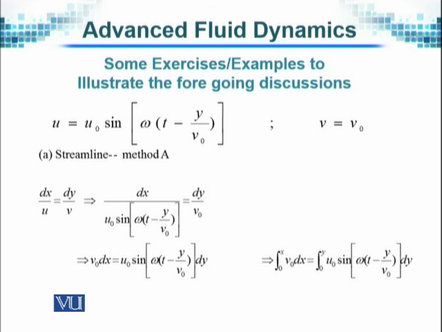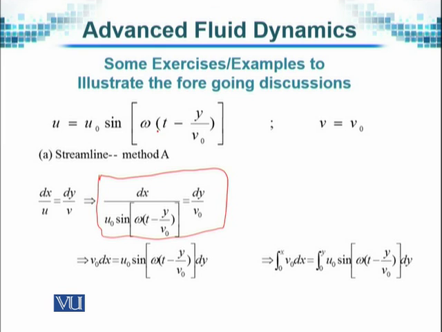We have the simple streamline equation, the ratio dx by u equals dy by v equals dz by w. Using that ratio and substituting the values of u and v naught, we obtain this equation.